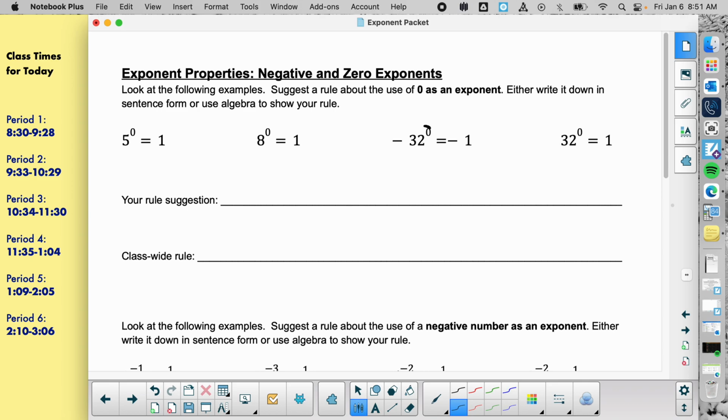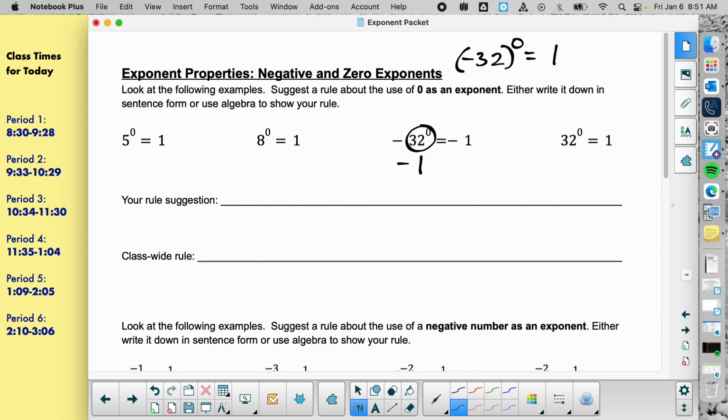So 32 to the 0 power would become 1. The negative sign in front would just go on that 1. If there is a parentheses, then the number is -32, and then the 0 power would be on that. This answer would be +1. You can kind of choose whichever one is in your packet. Both of these are correct. I just knew that your packet had that typo.